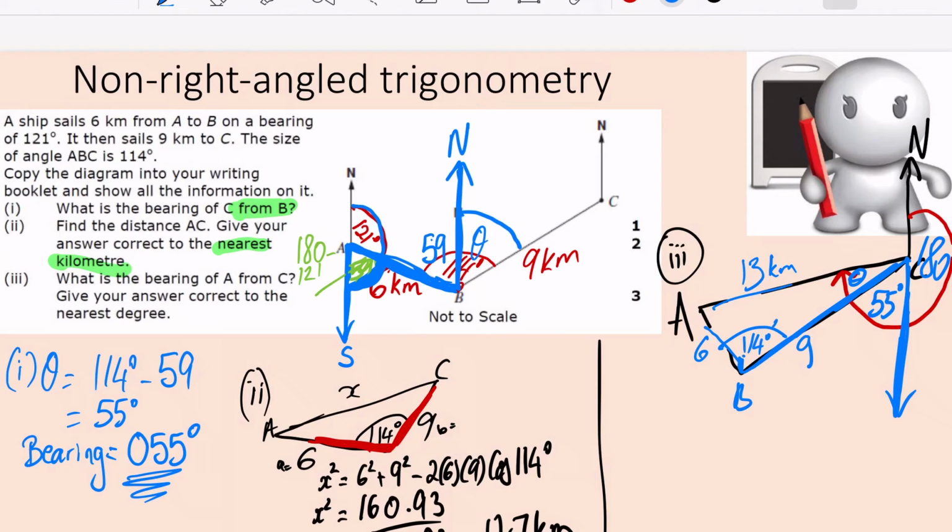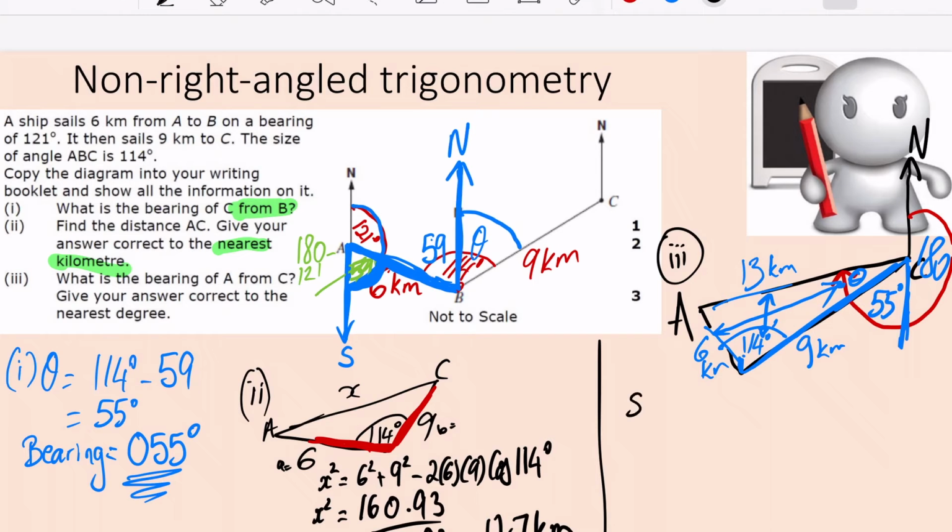So 9 kilometers and 6 kilometers. I'm actually after this angle here, theta. Well, I've got the opposite side that's been given to me, and then I've got the 114 degrees and the 13. So can you see that I've got this X effect happening? Therefore that's going to lead me to the sine rule right here. I need to write a little bit small, so please bear with me.